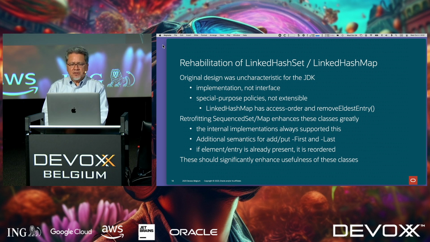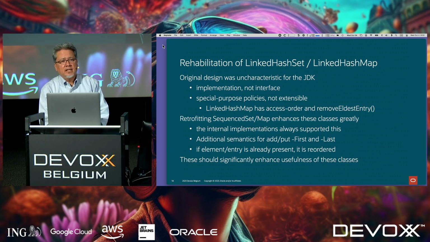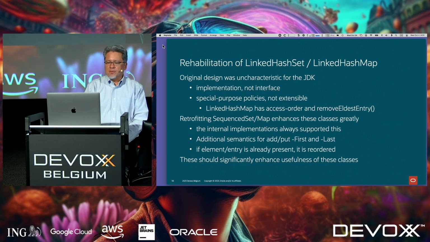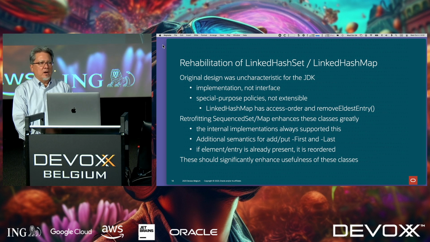But anyway, I think you get the point. If you say add first, then that element is at the first position. And so what that means is in linked hash set, if you add an element that is already there, it is also repositioned to be at the first position. And so you can use add first, add last, put first, put last to reposition elements in linked hash set and linked hash map, which was simply not possible before.